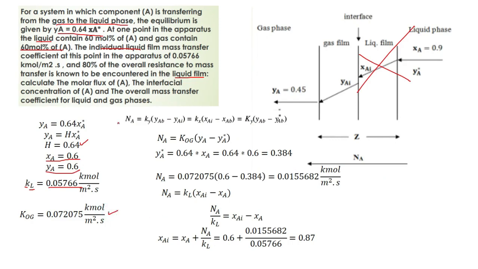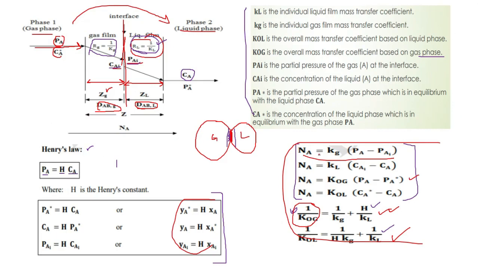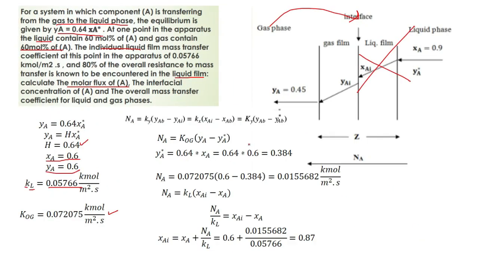It is written here. Now you have to find the molar flux of A. So in this case, as you are going from gas to liquid, you will use exactly similar formulas. Na is equal to KOG into Ya minus Ya star.